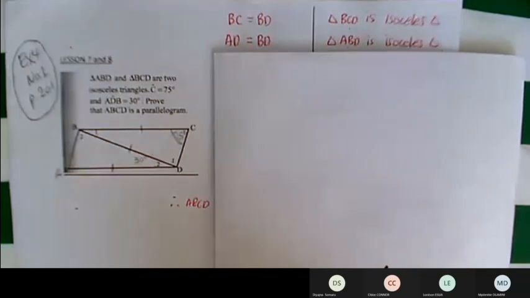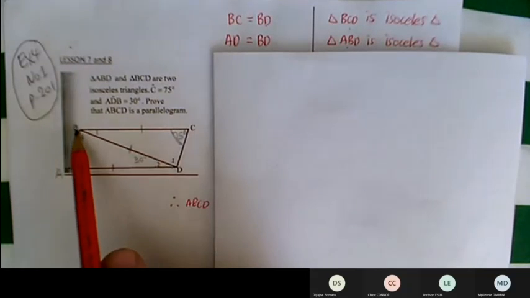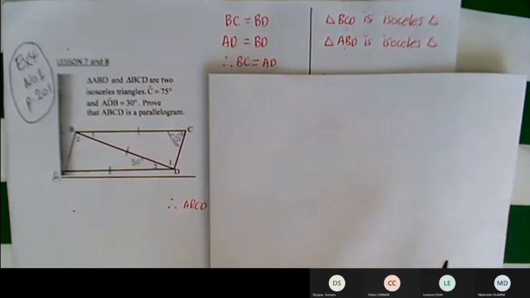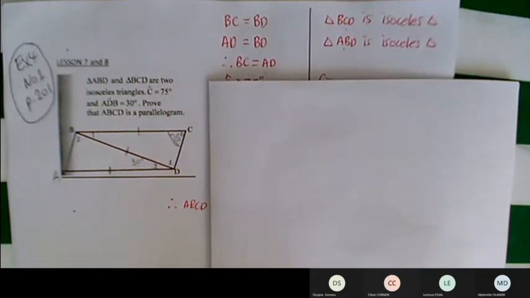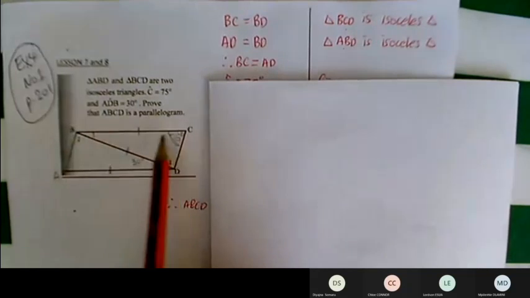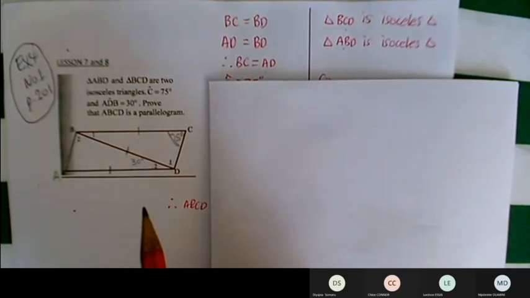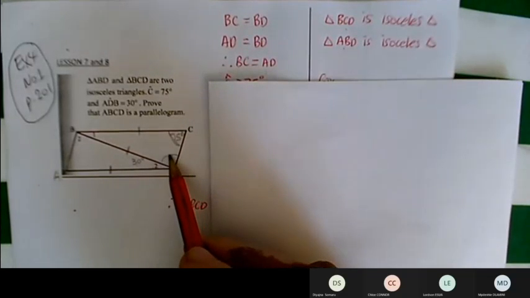So our next statement, we'll say BC is equal to AD. Right, but we're also noticing that that is now one pair of opposite sides equal, right? We know that in our head. Right, so this angle, D1, is 75.